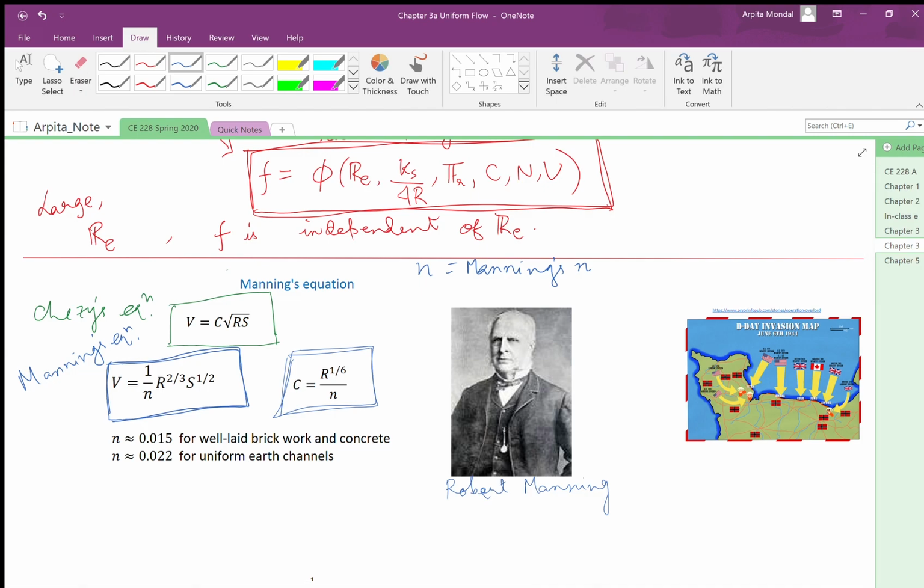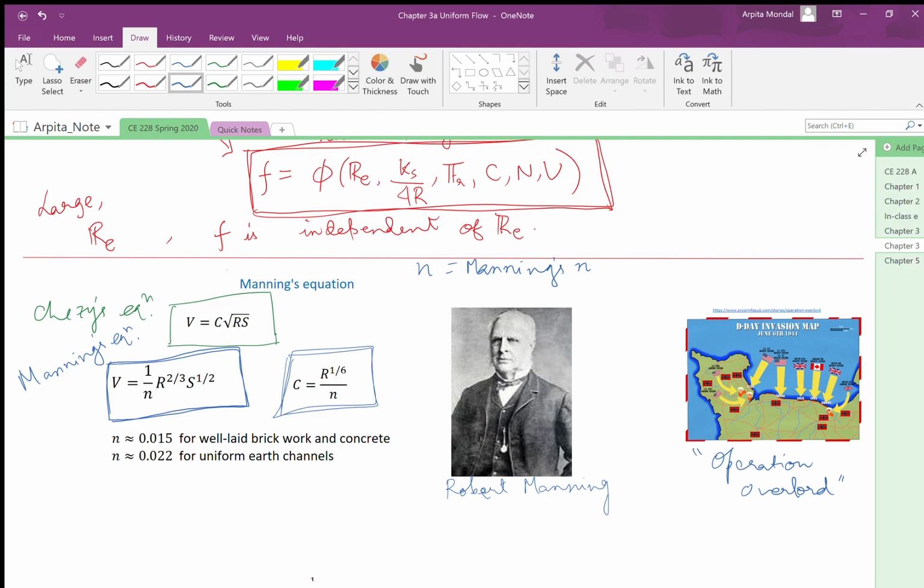Robert Manning was born in Normandy in France, which is famous for Operation Overlord, which happened, of course, much later than Manning's works on hydraulics.